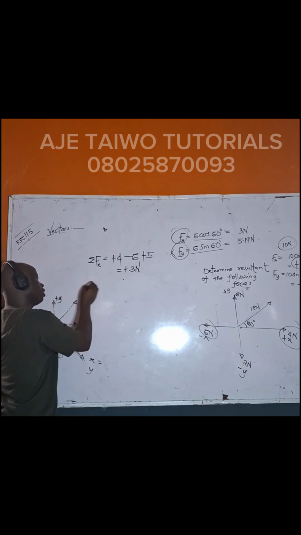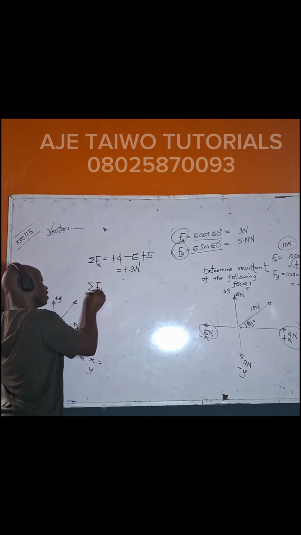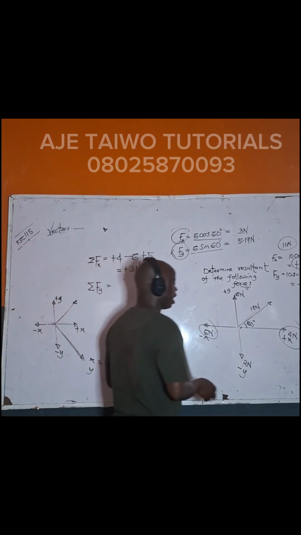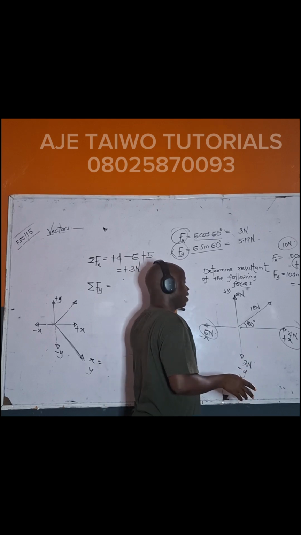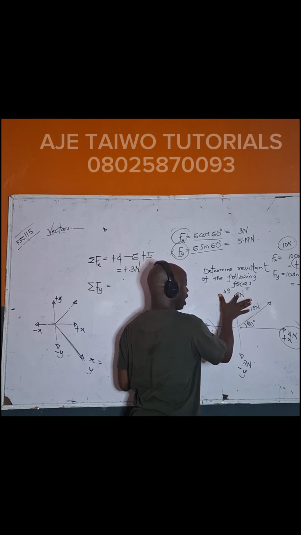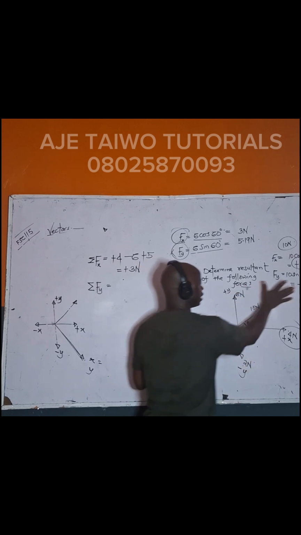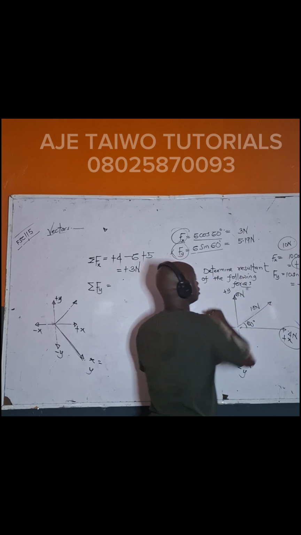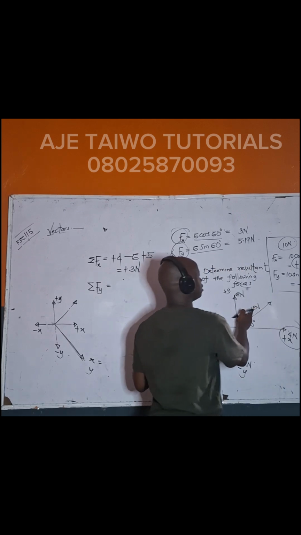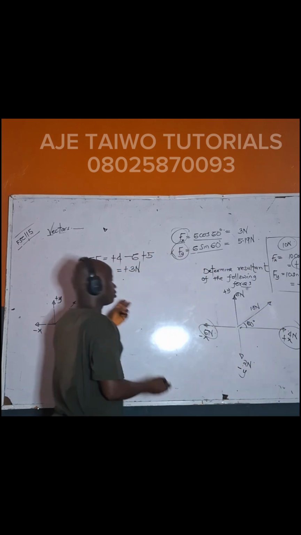What's the summation of all the Y forces? How many Y forces are on the board? 3: 1, 2, and this. Don't forget I resolved this 10 into this. Let's go.